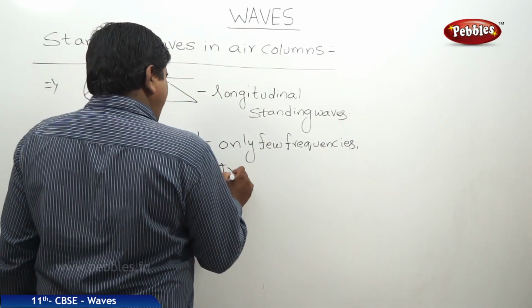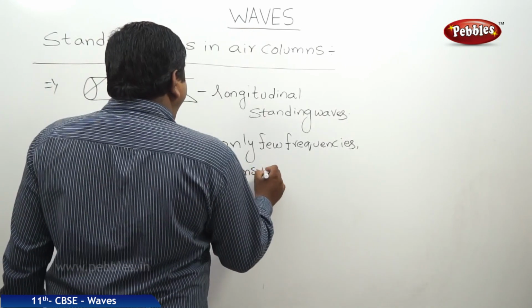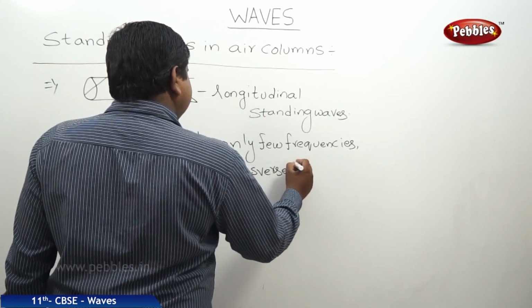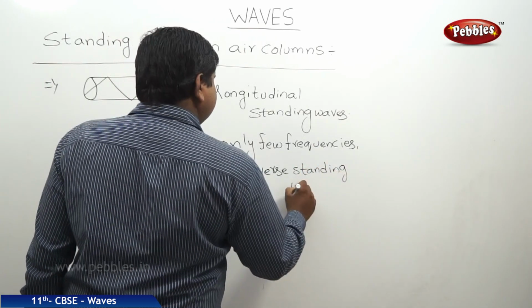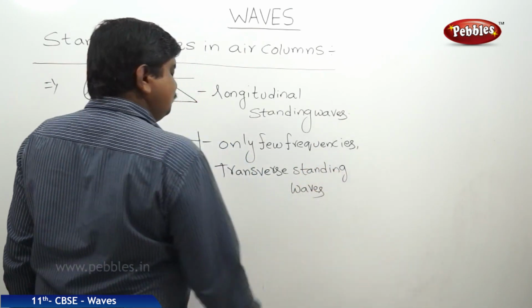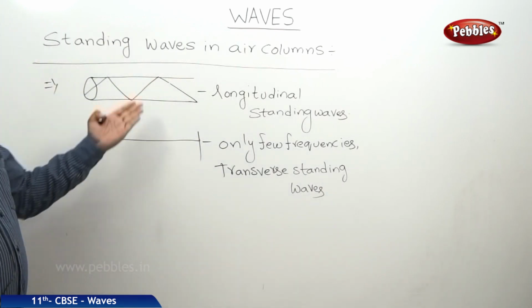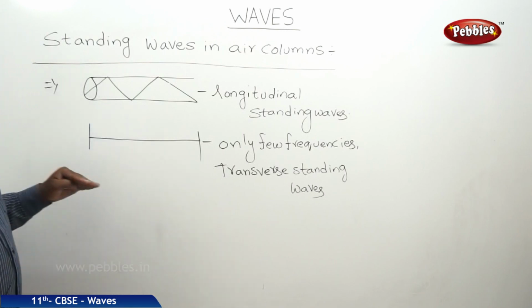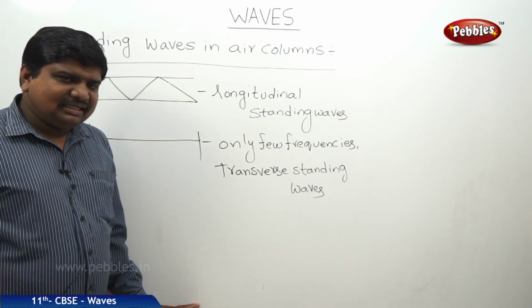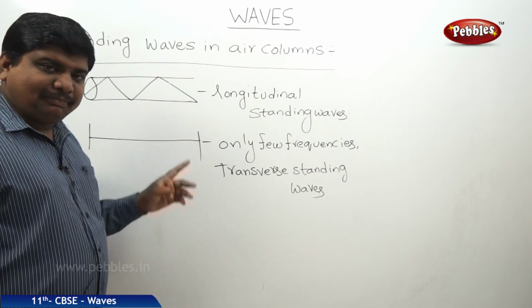This is said to be transverse standing waves. But these two standing waves are created or passing through as air columns. So now we will discuss the equation parts for these two cases separately.